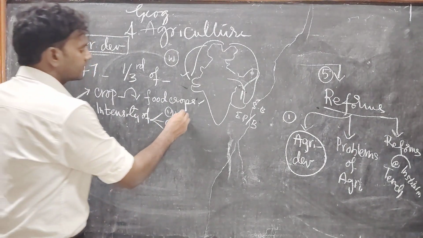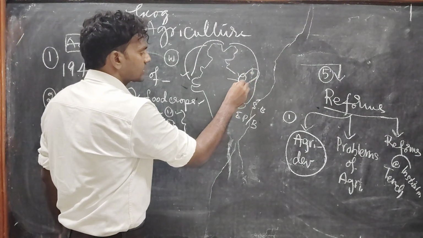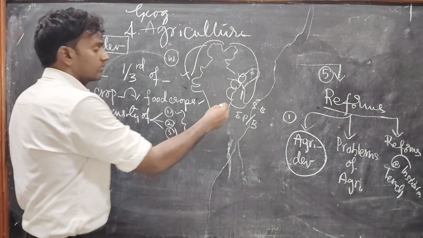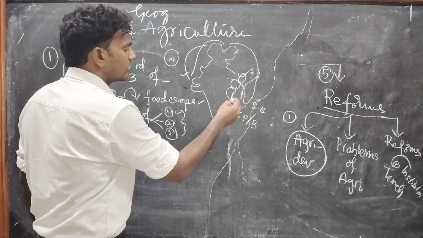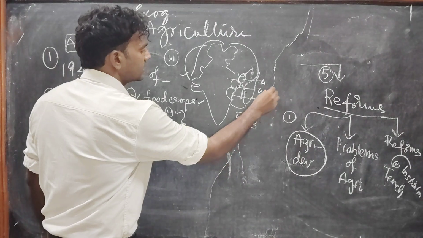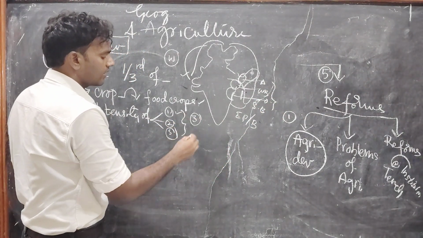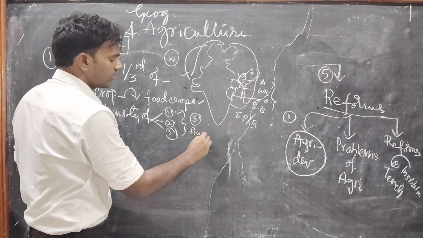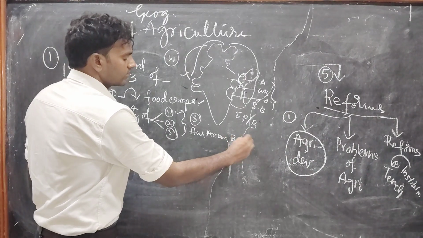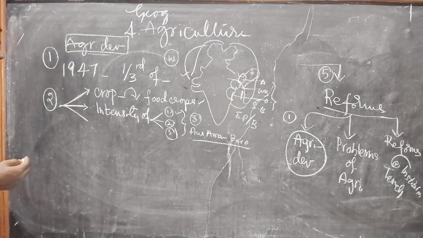Already we discussed: in the Assam area as well as West Bengal, and also the Odisha area, rice is cultivated thrice a year. We already have different names: Aus, Aman, and Boro. See, this is an example I am telling you. Intensively we are cultivating 3 times a year.